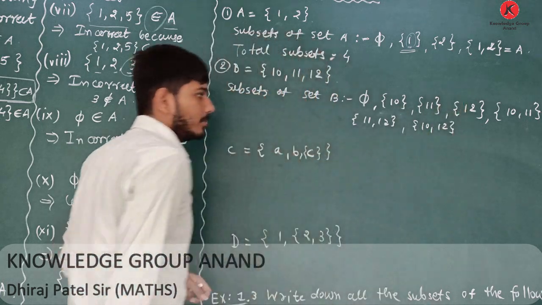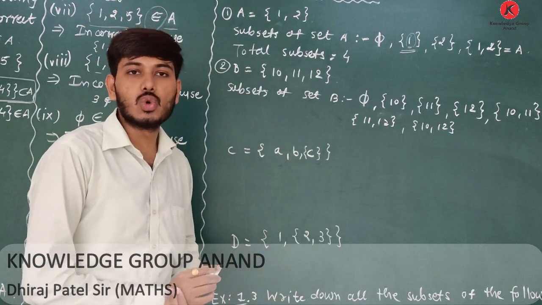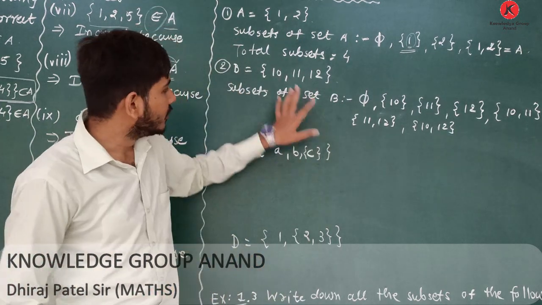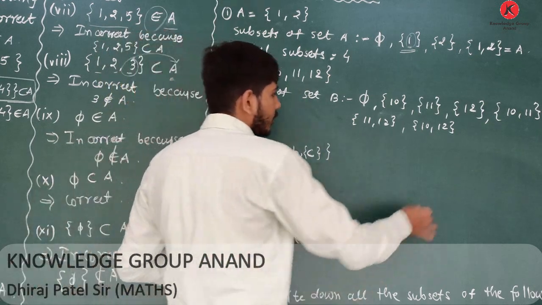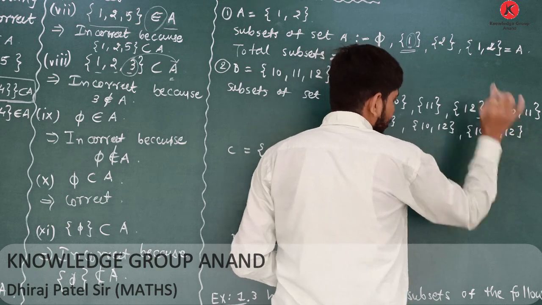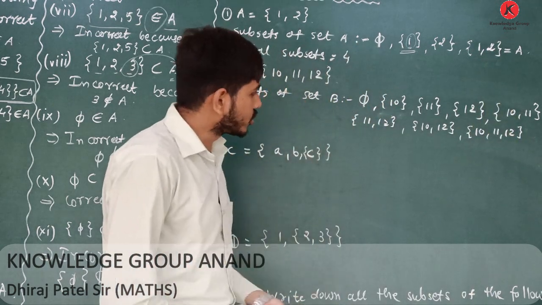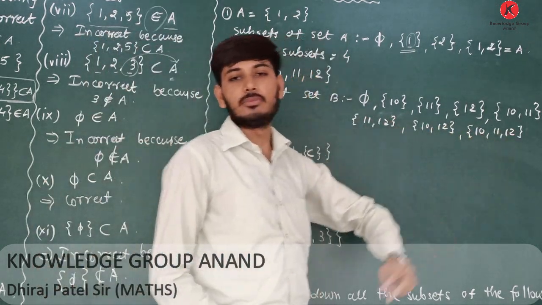There are 3 possibilities, or 3 subsets, having 2 elements. Now going with 3 elements. Consider all 3 elements, 10, 11, 12. You can also say that this is the set itself, which is set B.